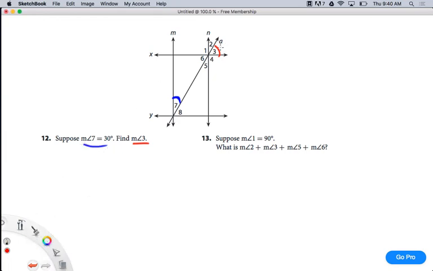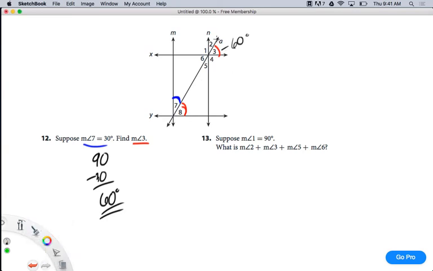Well, I know angle 3 is congruent to angle 8. And angle 7 and angle 8 are complementary, right? So if I want to find angle 3, I just do 90 minus 30 is 60 degrees. So that's 60 degrees. Okay?